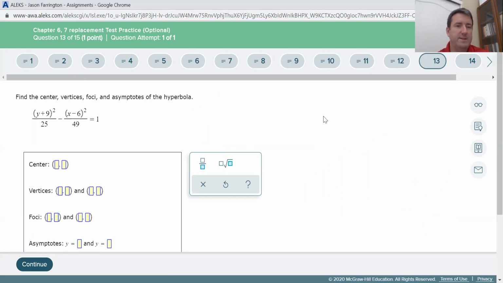All right, find the center, vertices, foci, and asymptotes of this hyperbola. So the center, we can see right away, is going to be at 6, -9. Now, let's sketch a little graph here.